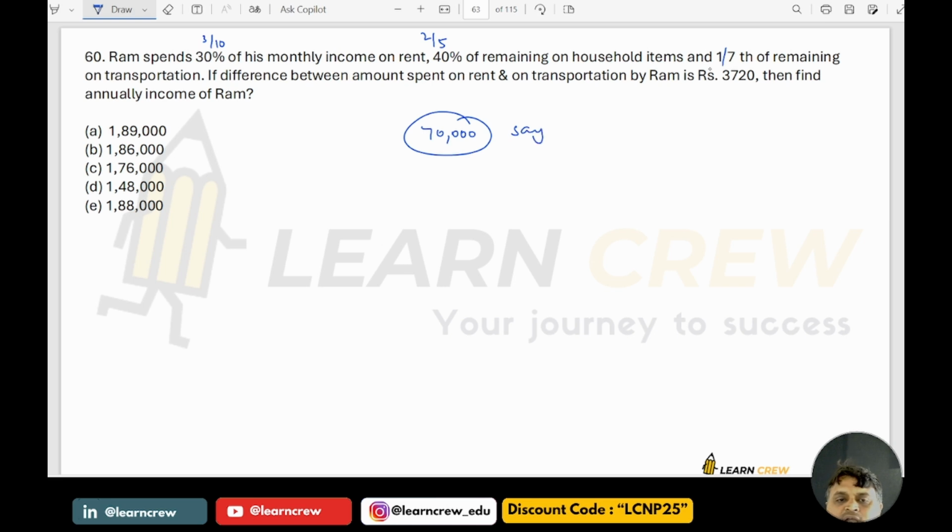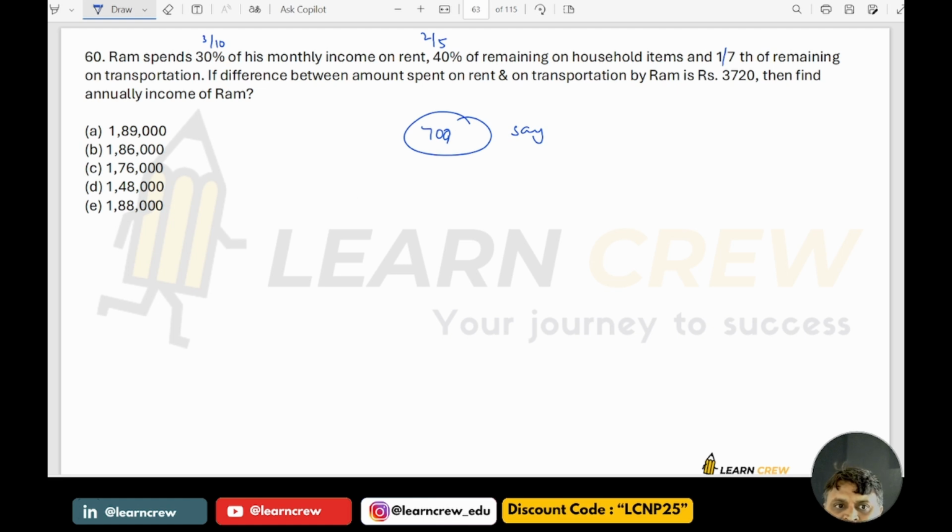Because I have the denominators 7, 5 and 10, let us say 70,000. For a smaller figure, let me take 700 only. His total monthly income is 700, a small figure.